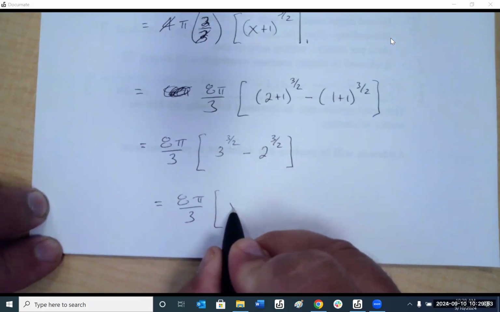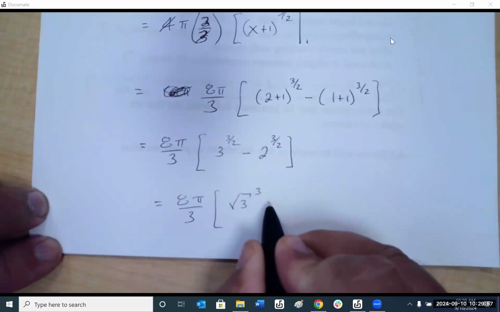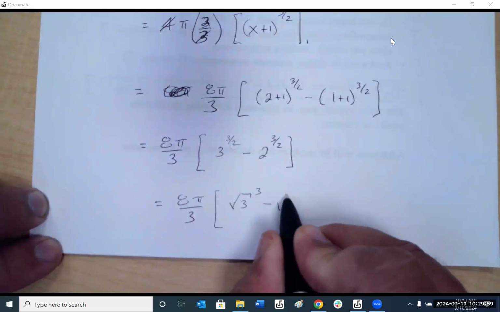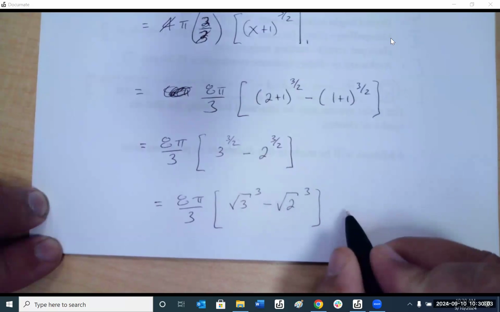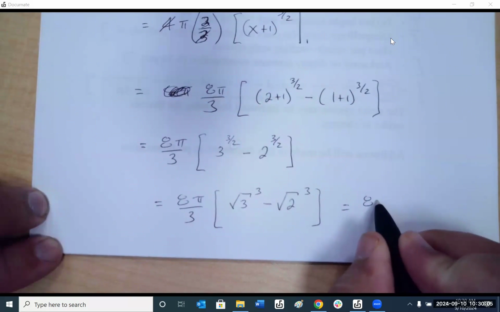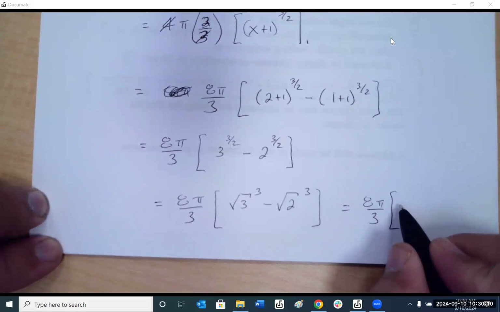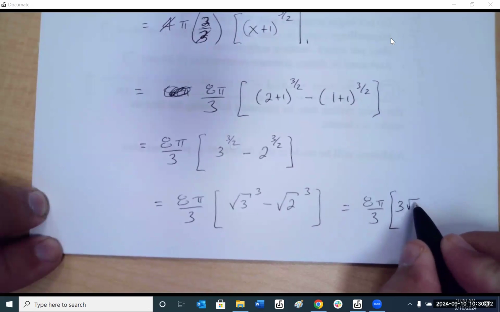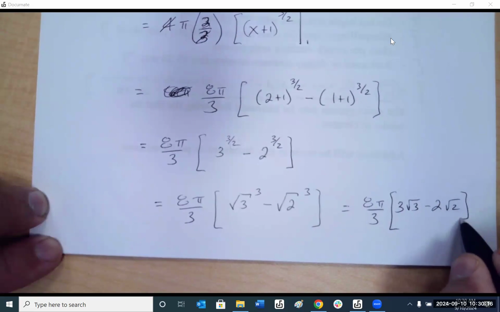So it's square root of 3 cubed minus square root of 2 cubed, which becomes 3 square root of 3 minus 2 square root of 2.